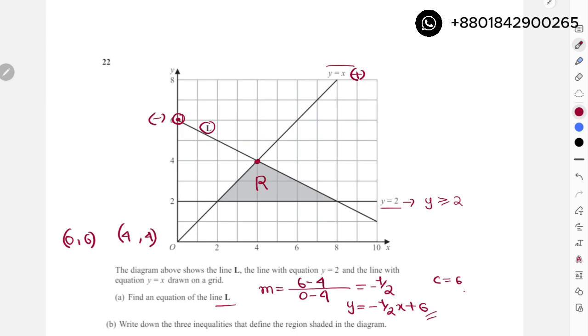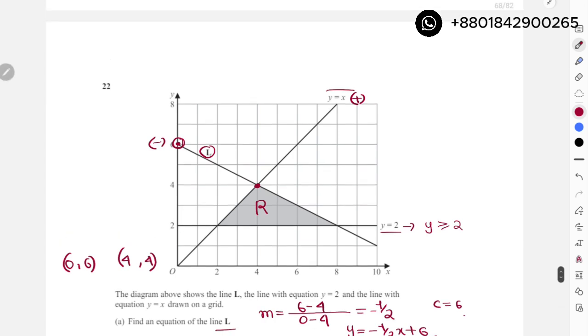For a positive inclined line, if the region is below that line, then you write less than or equal to. Actually, it does not matter. For both of the cases, if the region is below the slant line or inclined line, then you can write less than or equal to for both of them.